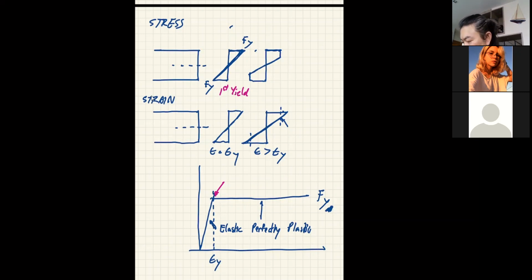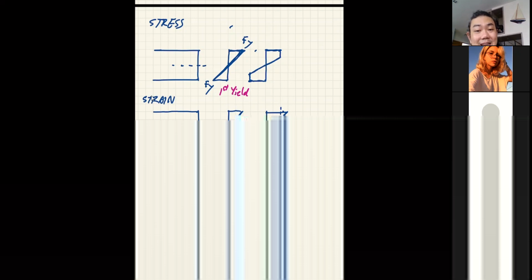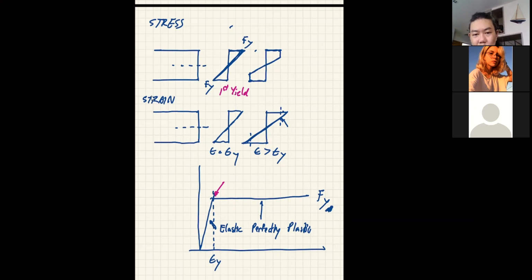So when you reach the yield point and then continue to load, your steel beam is not considered a complete failure just yet, because you can still have the section yielding more and more and more, right?